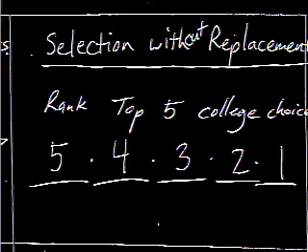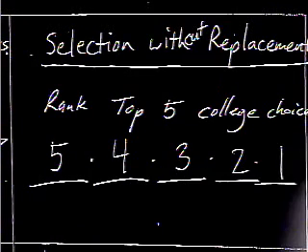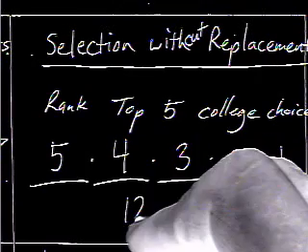So this is still the multiplication counting principle, but because I'm not allowed to put one back in, I can't put all 5 of them being the same choice. There's no replacing. So this is 5 times 4 times 3 times 2 times 1. 24 times 5. I think that's 120, but I'm just going to check it. Yeah. So we have 120.